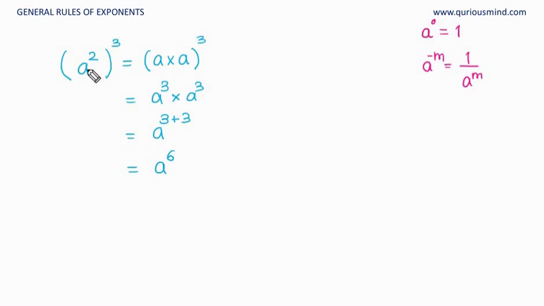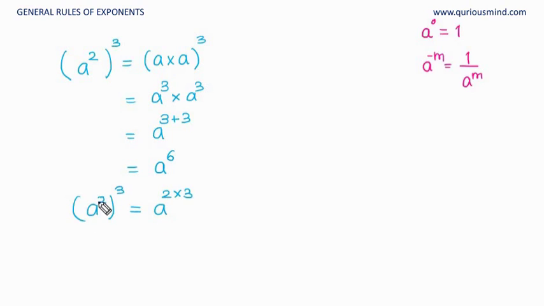And what we are doing is a raised to 2 whole raised to 3 is a raised to 3 into a raised to 3. So 2 times a raised to 3. And so it can be written as 2 times 3. A raised to 2 whole raised to 3 is a raised to 2 times 3.